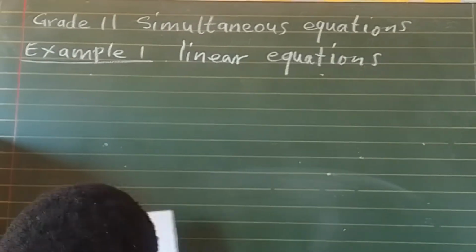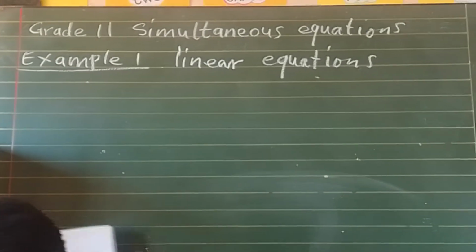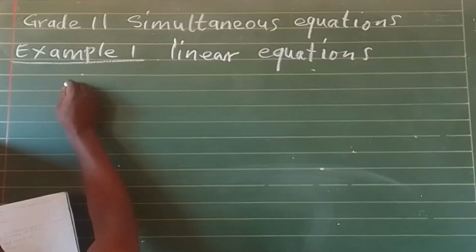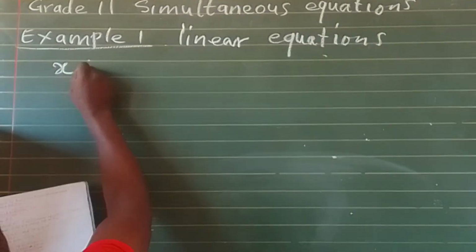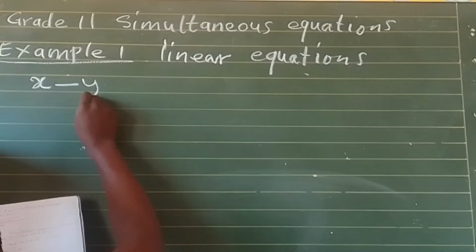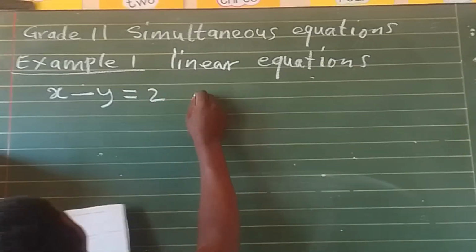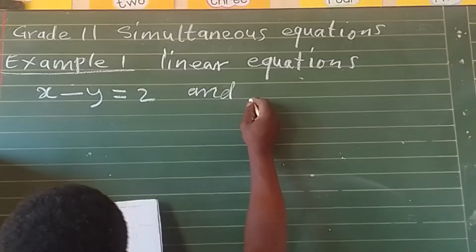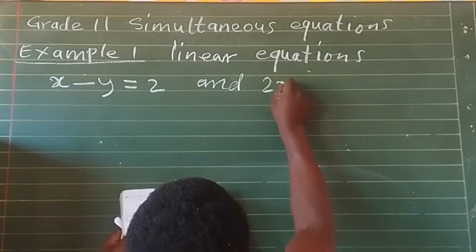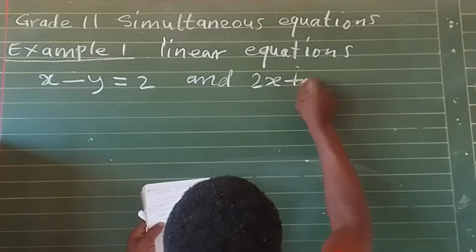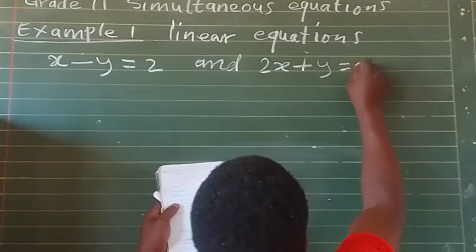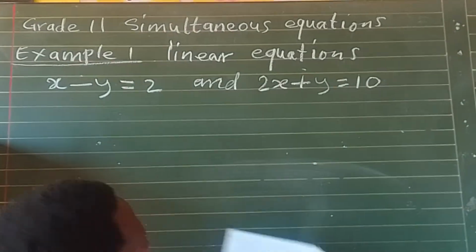You are going to do the linear equations the first time around. Say for instance you have x minus y is equals to 2 and 2x plus y is equals to 10.